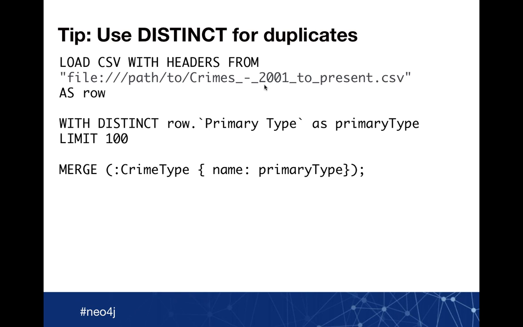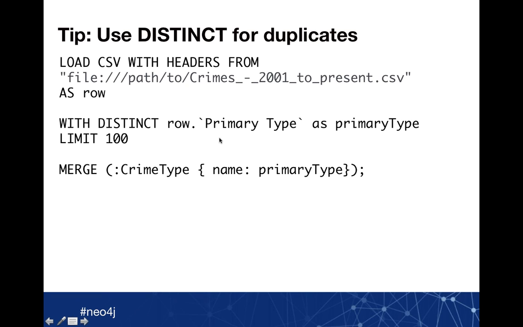Another interesting thing is that if you know that in your CSV file there are a lot of duplicate records. So for example, the crime types, there's only about 30 of them, and we've got 4 million records. There's going to be a lot of duplicates, and so merging on the same thing over and over again, there's not really much point doing that.